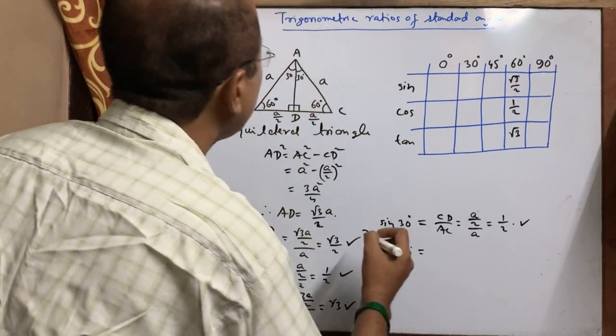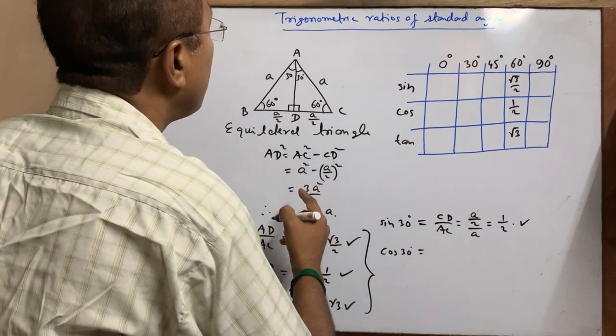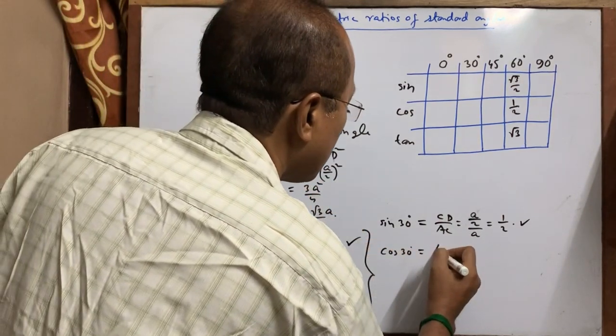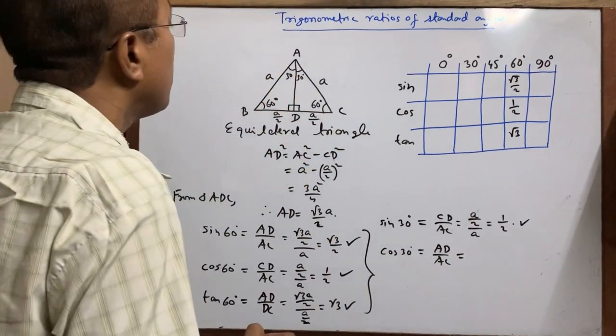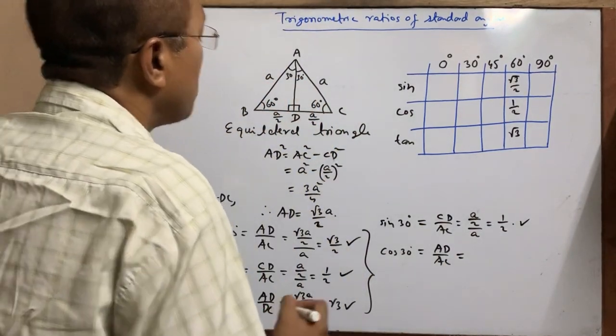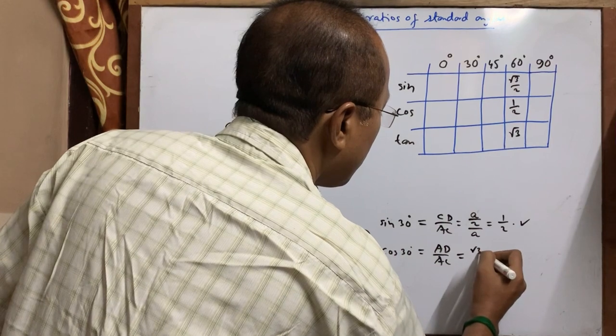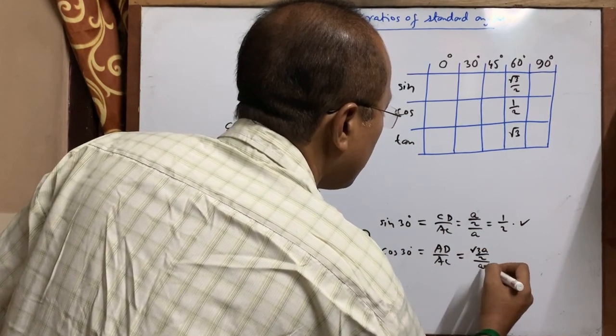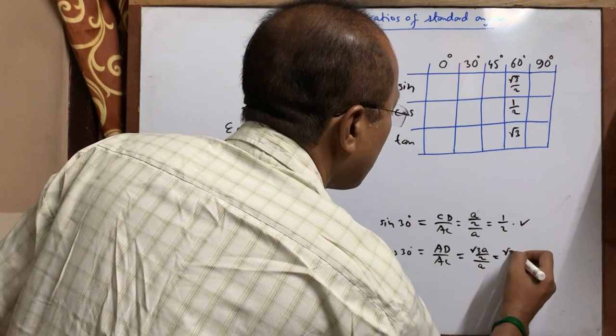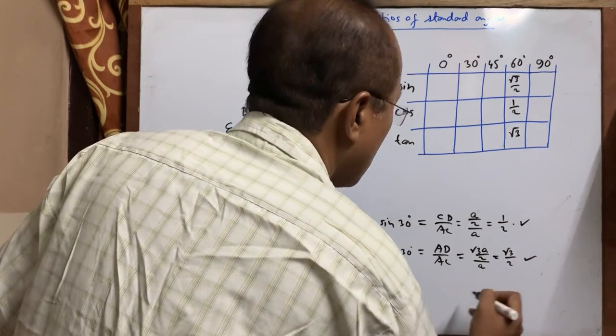Cos 30 is equal to AD by AC, that is root 3a by 2 by a, that is root 3 by 2.